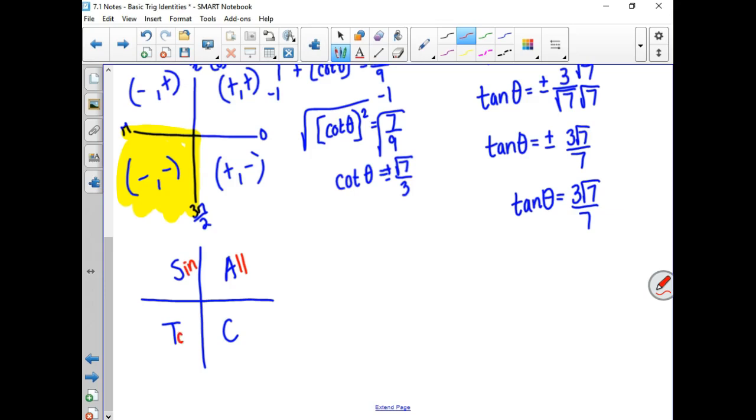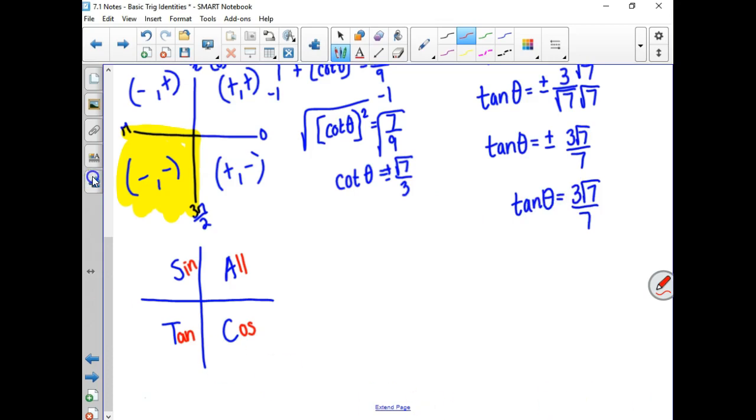In the third quadrant, tangent is positive. And in the fourth quadrant, cosine is positive. So that tells us about whether or not sine, cosine, and tangent are positive in each quadrant. So if you notice here, we know we're looking in the third quadrant, tangent's positive, we have tangent, so we choose the positive answer. That can be another way you can look at it.